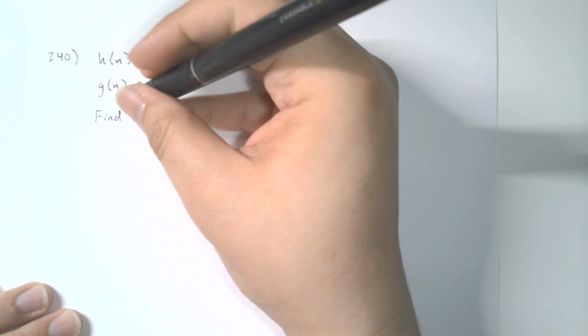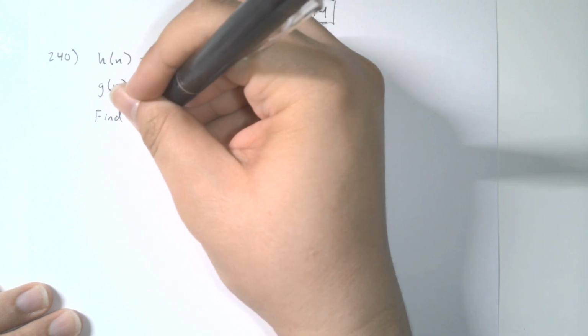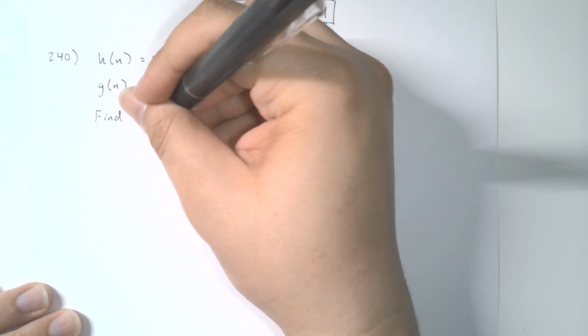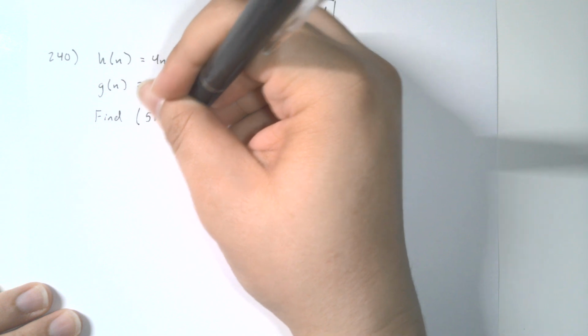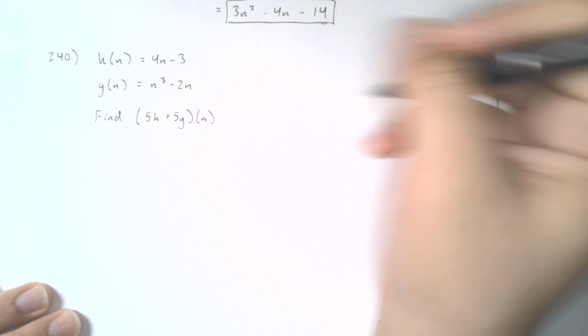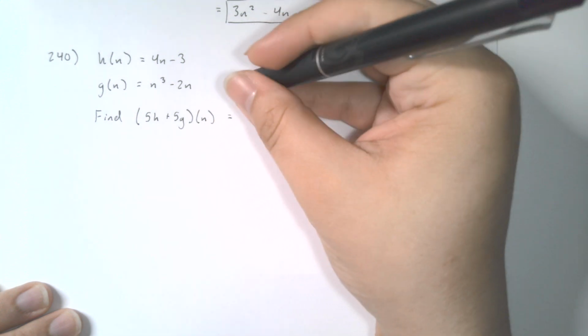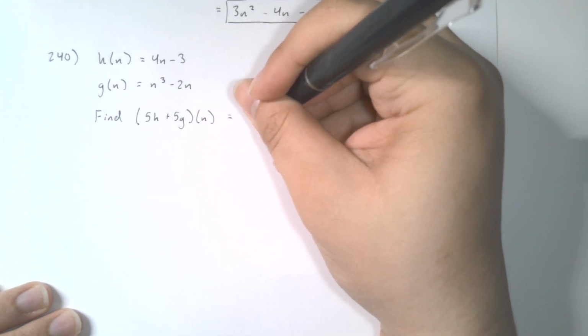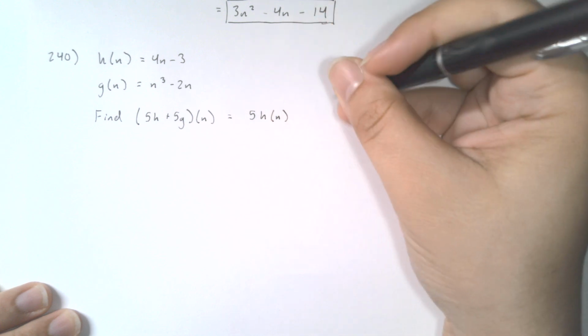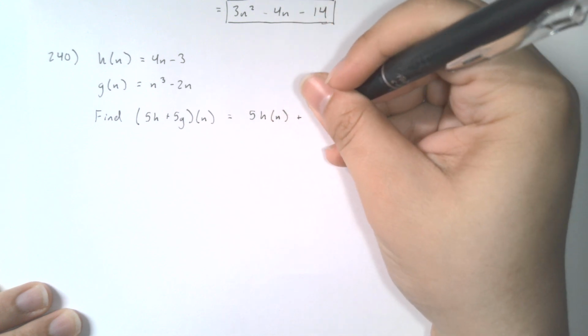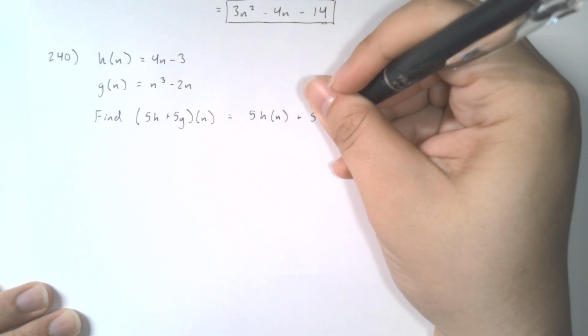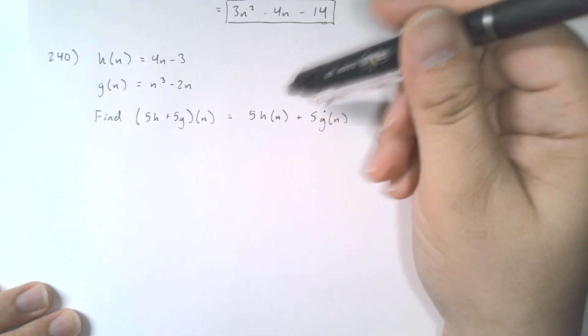We want to find 5h plus 5g of n. So this just means we take 5 h of n's, we add that with 5 g of n's.